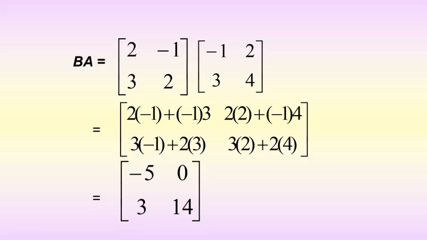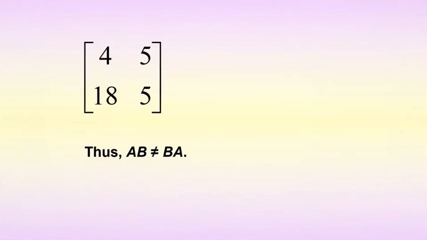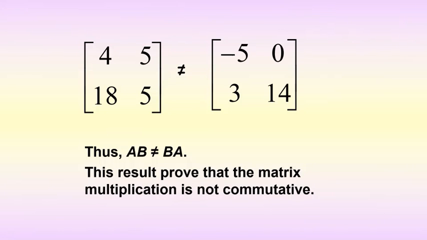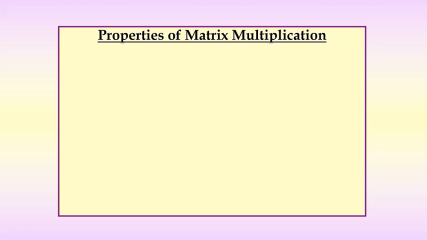Now compare with the first answer. This is the answer for A times B, and this one is for B times A. Again, they are not the same. So this result proves that matrix multiplication is not commutative. This is a property of matrix multiplication that you have to know.